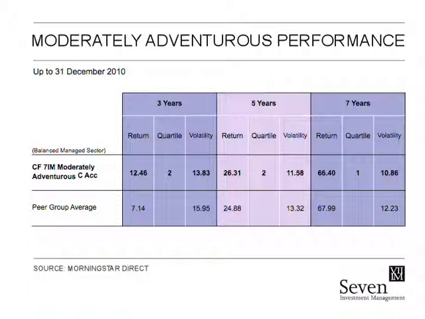And you can see that we have been in the second quartile, so a little bit better than average performance for lower volatility. Now, interestingly, what you see, if you stay in the second quartile for long enough, in the 7-year figure, we come up in the top quartile. And that is exactly the theory that 7IM was founded upon.